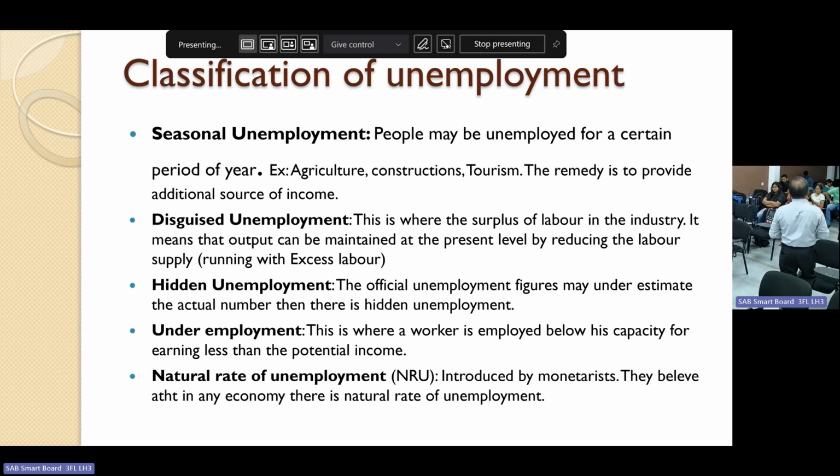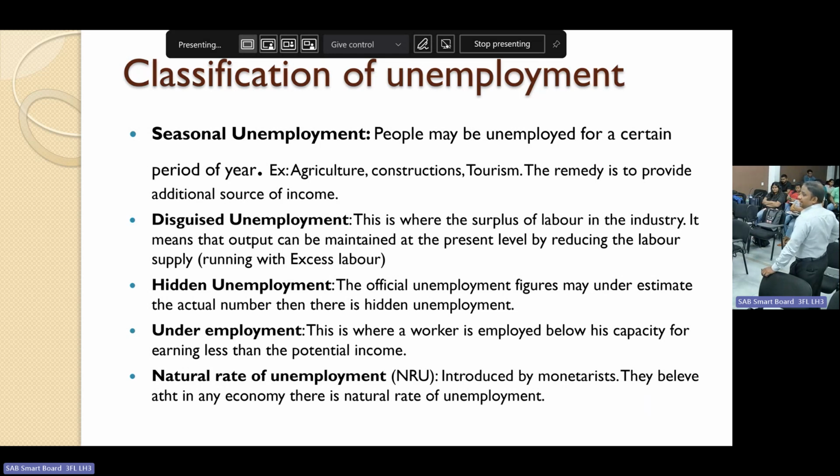Government organizations are mostly overcrowded, since with political interference people are recruited excessively. That kind of scenario is identified as disguised unemployment.